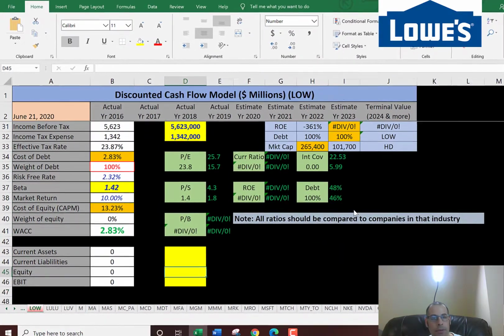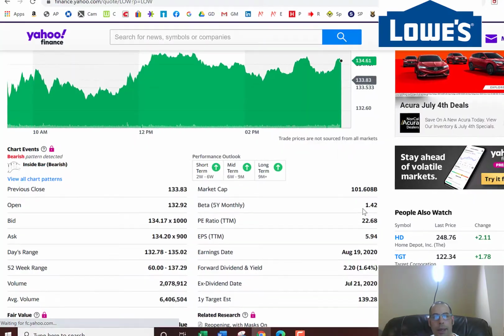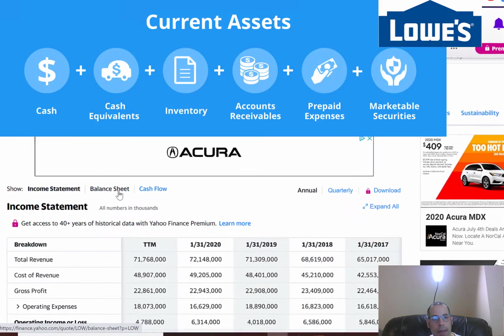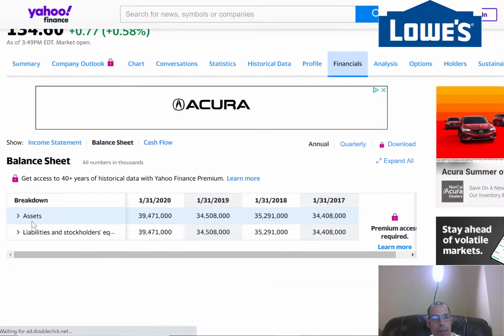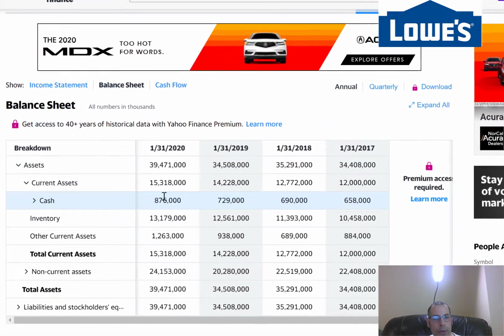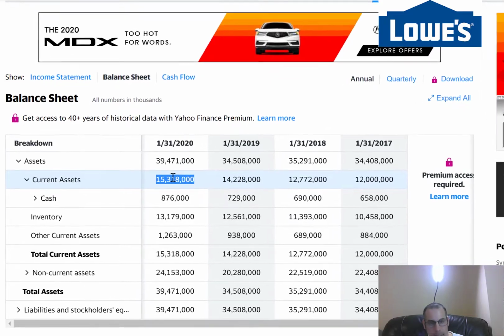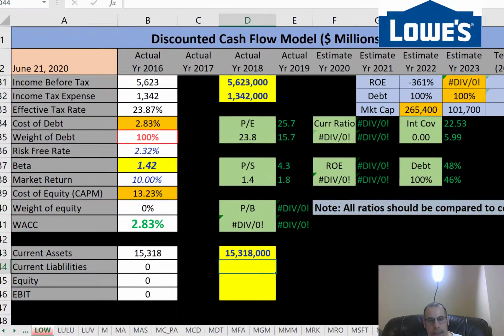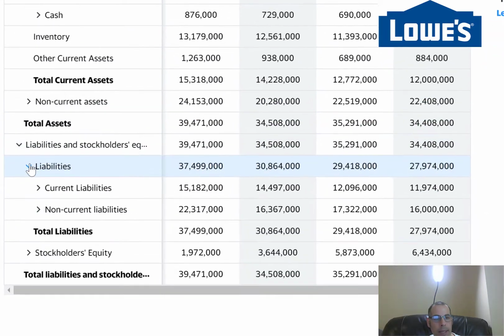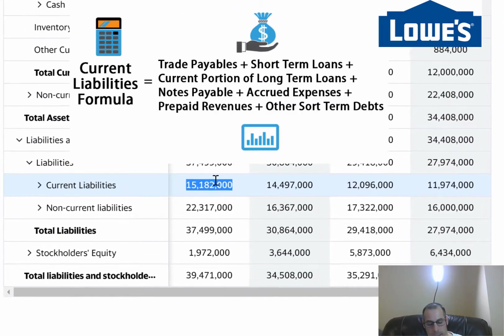So we need a little more information. Let's go back to the balance sheet and pull their current assets. These are assets that can be changed into cash within 12 months. So it's cash, accounts receivable, inventory. And they have 15 billion of current assets. Now we need their current liabilities, and these are liabilities and debts that are due within 12 months.